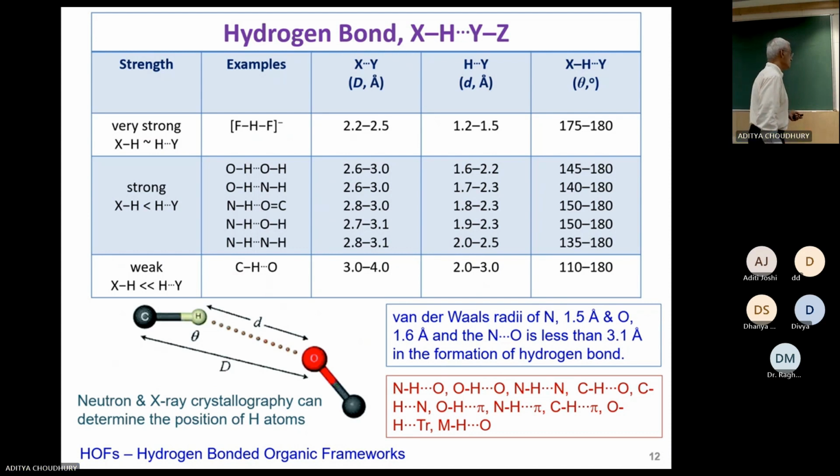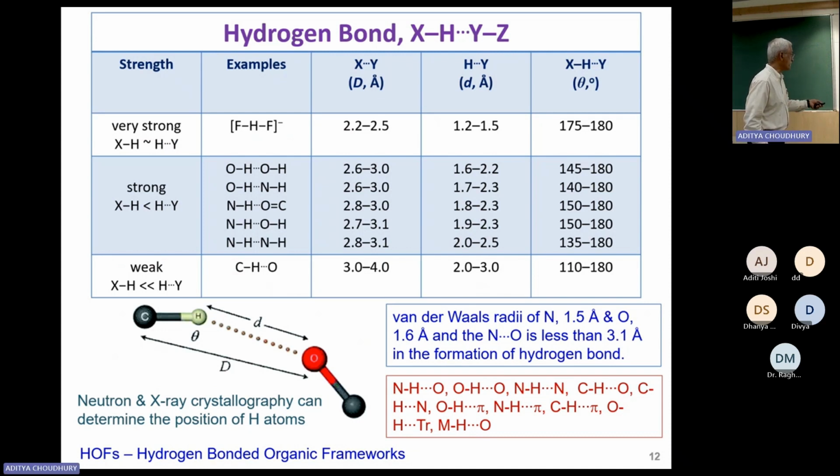When I mentioned that if the distance between the heteroatoms is less than the sum, then you have the formation. Based on that, there are so many weak interactions. I just mentioned hydrogen bond.